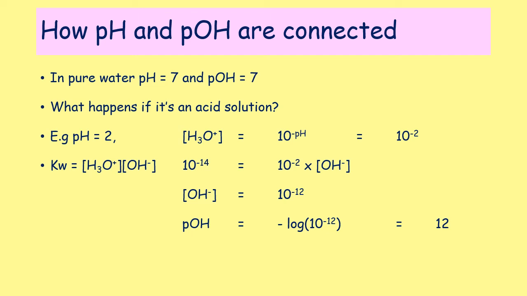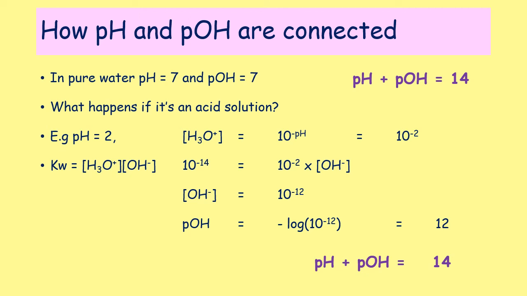pOH is equal to minus the log of the concentration of OH-, which is minus the log of 10 to the minus 12, which equals 12. So you can see that at pH 2, the pH plus the pOH value gave us 14. And in pure water, where the pH is 7 and the pOH is 7, pH plus pOH equals 14.